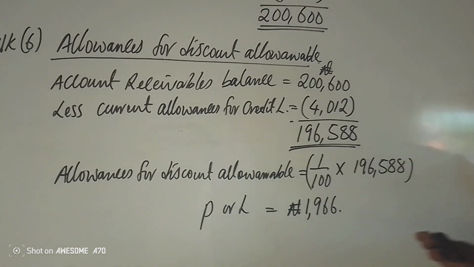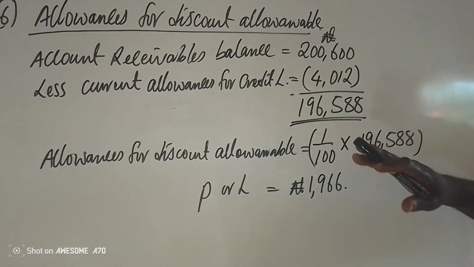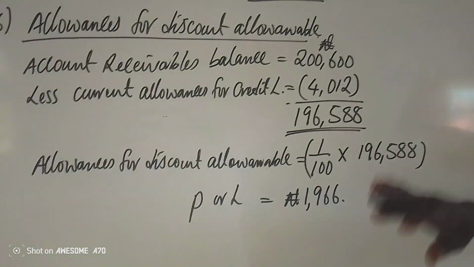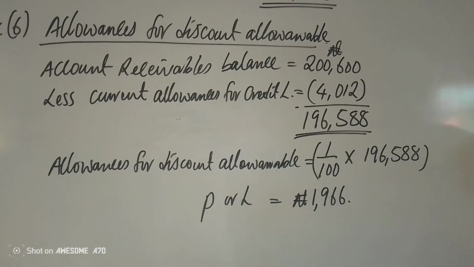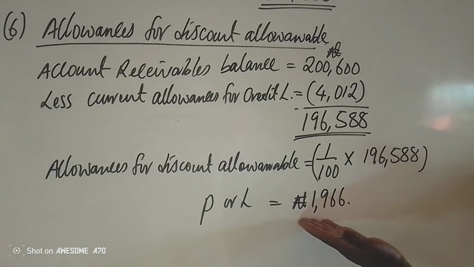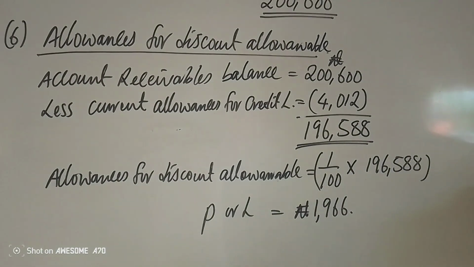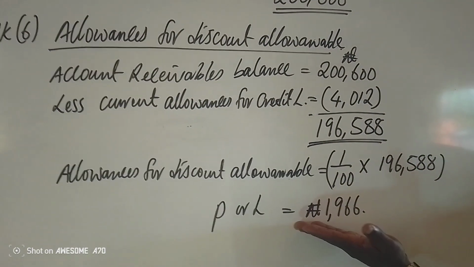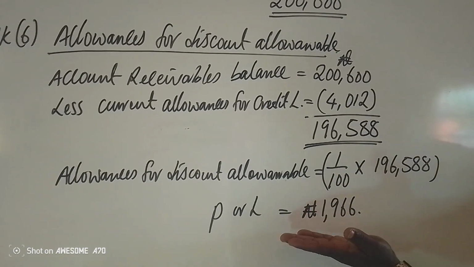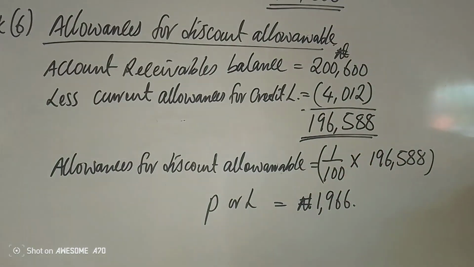But mind you, the way allowances for expected credit losses are treated is the same way you handle allowances for discount allowable. In this case, this allowance was only given in the additional information. So if it is given only in the additional information, you treat it as an operating expense because there was no initial allowance.